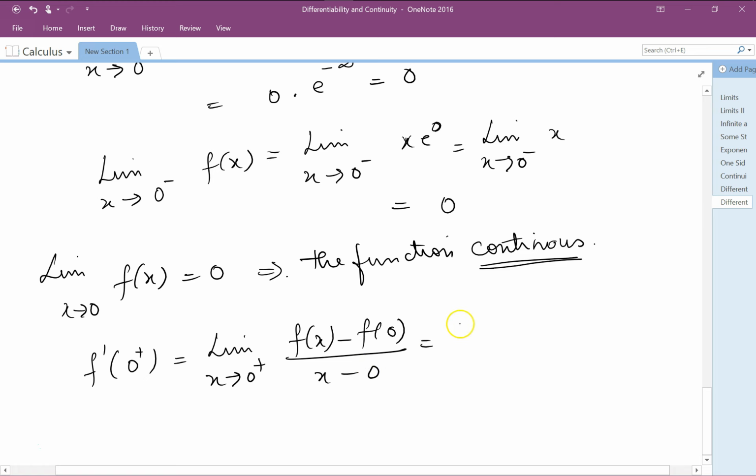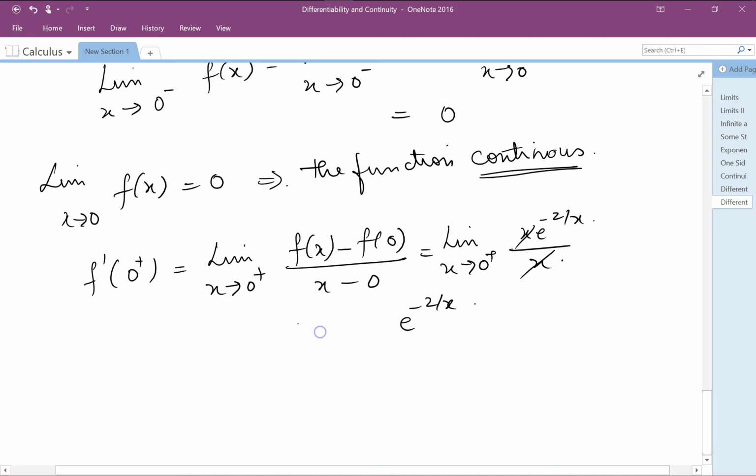Now this is limit as x approaches 0 from the positive side, x e to the power of minus 2 by x. Here x gets cancelled and we are left with e to the power of minus 2 by x. Not just that, it is the limit. Now let's take the limit.